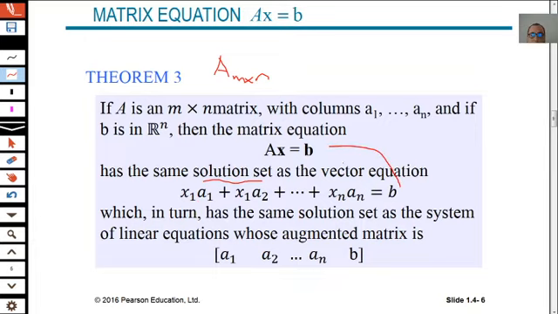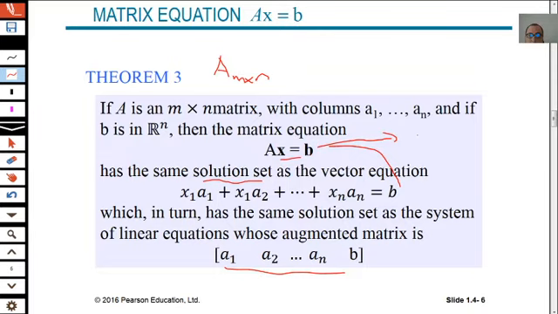If we want to solve this matrix equation, we also solve the vector equation, which in turn has the same solution set as the system of linear equations whose augmented matrix is this one.